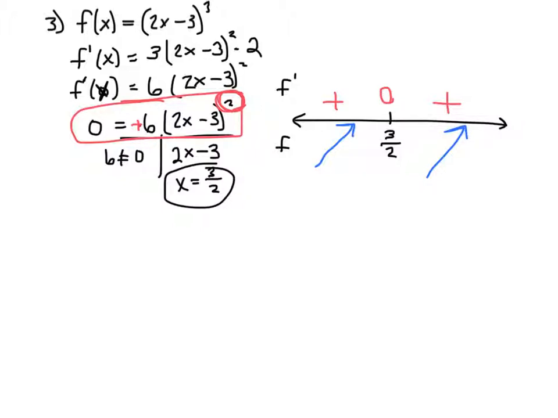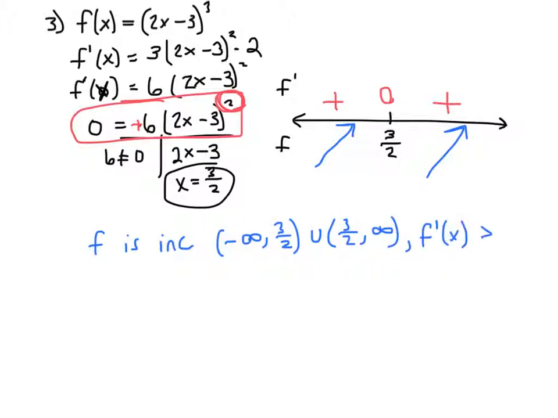So we can say f is increasing on the intervals negative infinity up until 3/2, union 3/2 up until infinity, because f prime of x is greater than 0. But that's all we can conclude. There is no relative min or relative max because there is no change in f prime from positive to negative or negative to positive.